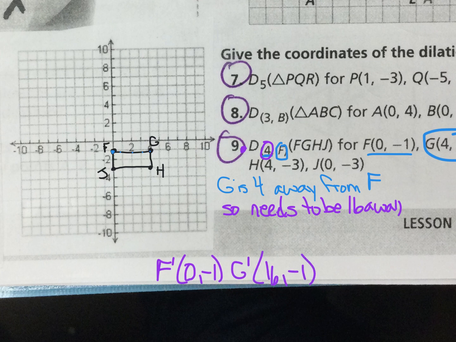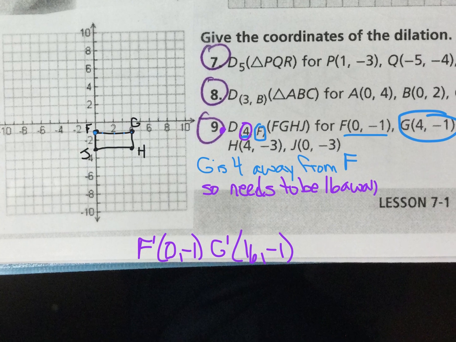-1. Okay, so J is 2 away. And so if we multiply 2 by 4, we get 8 away. So here's F. We're going to count 8 away. 1, 2, 3, 4, 5, 6, 7, 8.